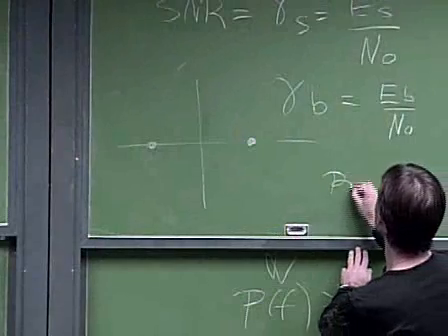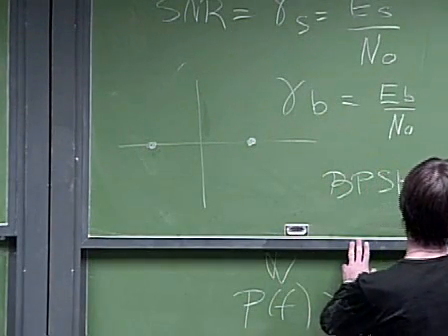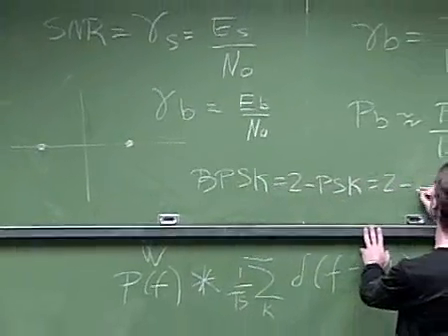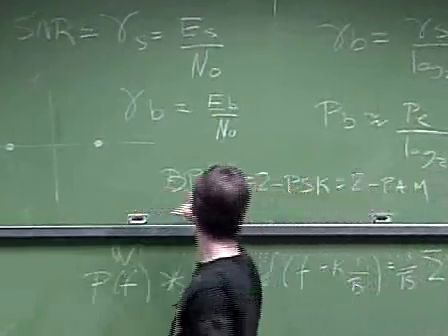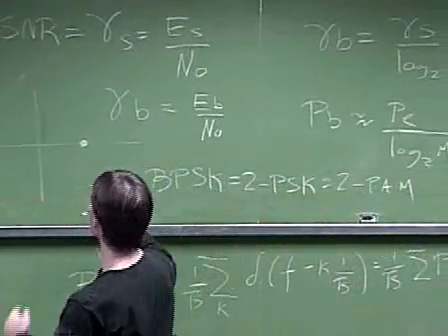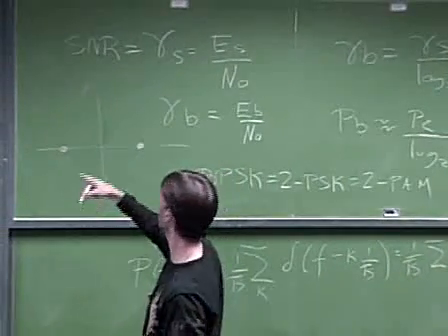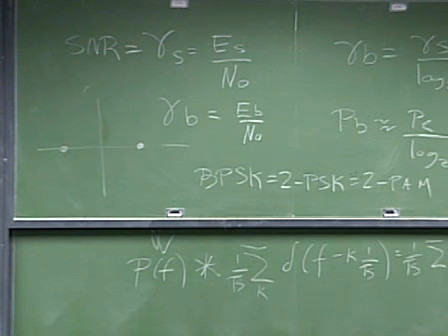Notice that BPSK, which is 2-PSK, is also equal to 2-PAM. These constellations actually coincide: 2 points in amplitude over the line correspond to 2 points in a circle, also on the line. So 2-PAM and 2-PSK are the same, and they're usually called BPSK. This is the simplest possible constellation.